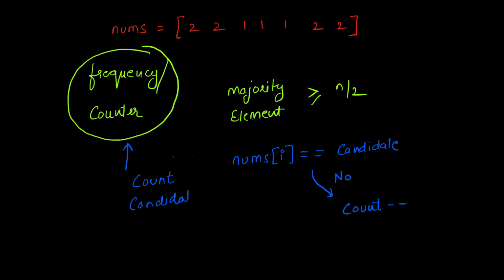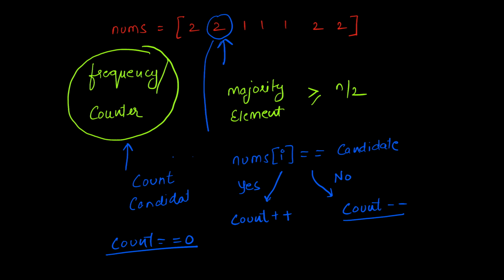And if they are not, then we'll decrement the count variable. If the value of count reaches 0, it means we need to swap the candidate with the value that i is pointing at. It is possible that the first element in the array is not the majority element, although we started with the assumption that it is, but it may not be true. We need to keep on swapping the candidate whenever count reaches 0.